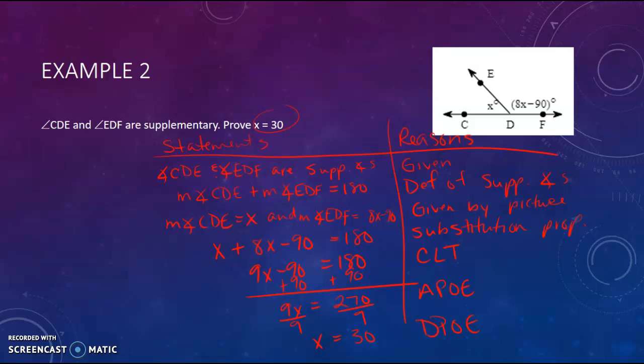So again, we start by what is given to us. I did kind of split my given up just because I took that first given and I used it, and then I went and found the second given in the picture and used it. Now, because you are working these through Math Excel and it's going to be some fill in the blanks, again, look at the statement before and then look at the statement you're making now and use that to make your reason.